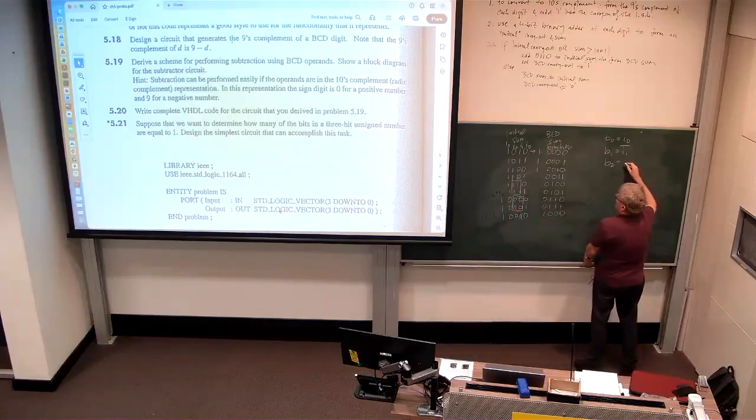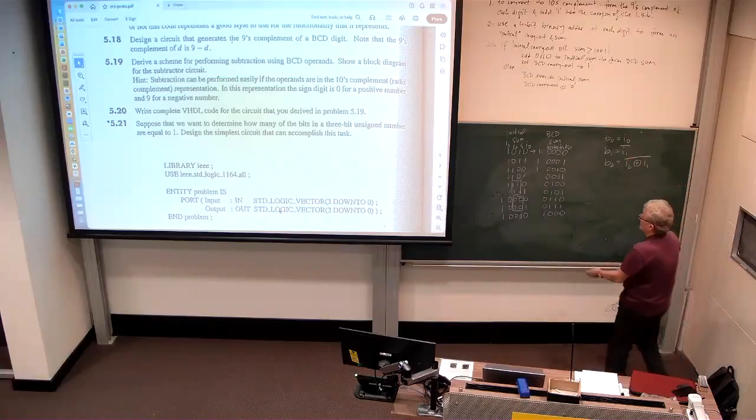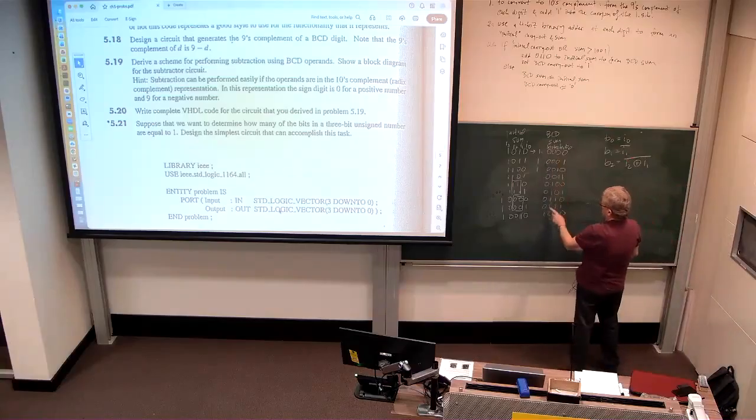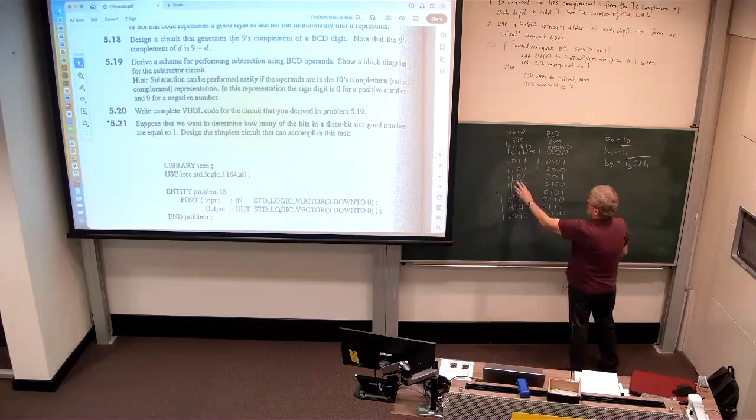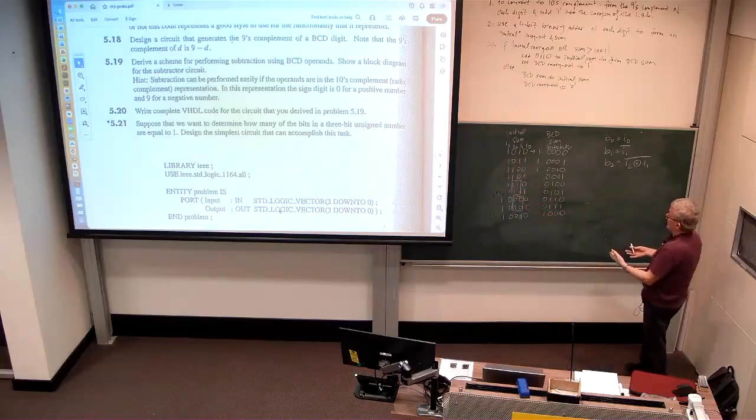So it's the exclusive NOR of I2 and I1. Would you agree? By the look of it? Because it's 0 in every other case, where those two bits are exclusive OR, true when they're exclusive OR.